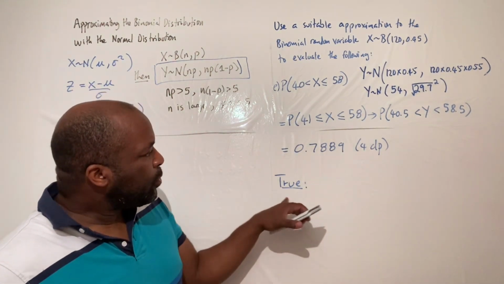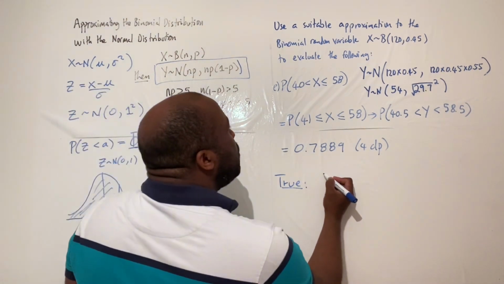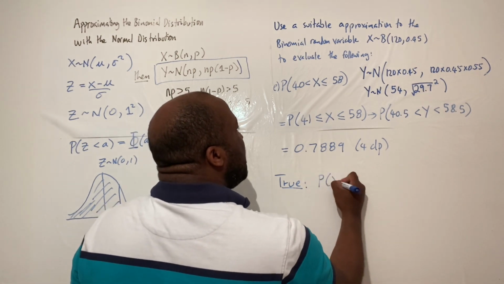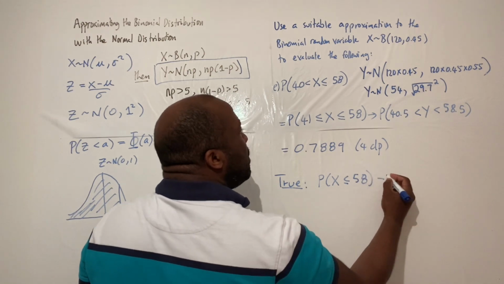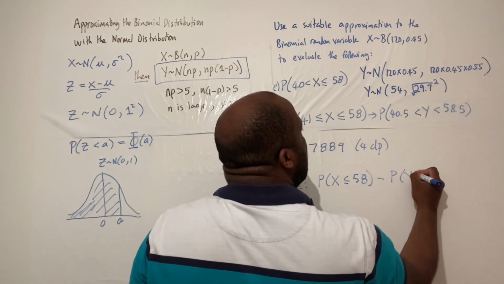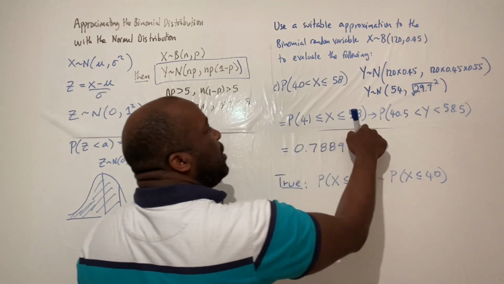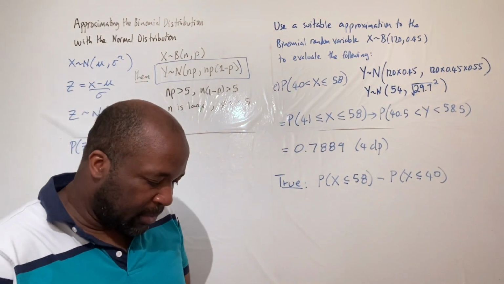Okay, so here we'll have to do the probability that x is less than or equal to 58 minus the probability that x is less than or equal to 40 in order to evaluate that range. All right, I'm using the ClassWiz.